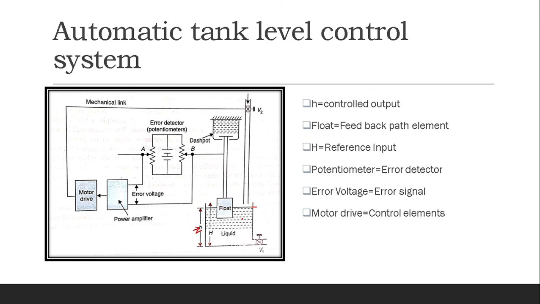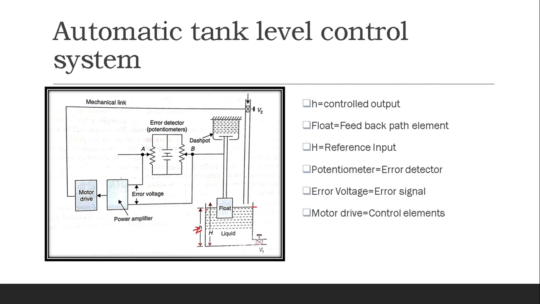So ultimately this is your feedback path, this is your forward path, and here you can identify that h is your controlled output or your controlled variable, because we want the level of the container to be at some point, that is the h point.